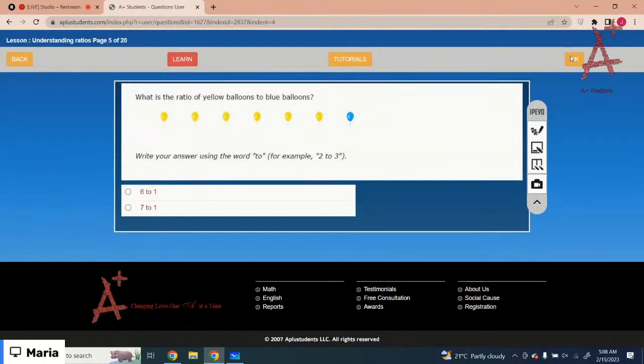What's wrong with you guys? You're just not listening to me carefully. 6 of them are yellow and only one is blue. So it would be 6 to 1. Just listen to me carefully and then answer.